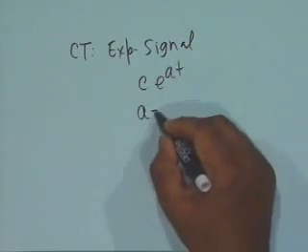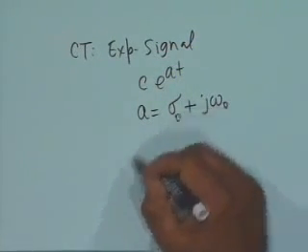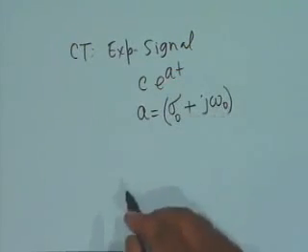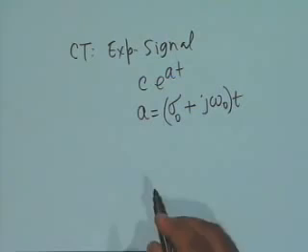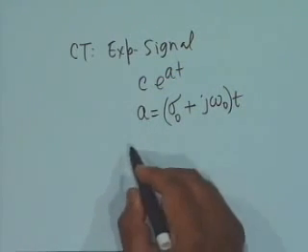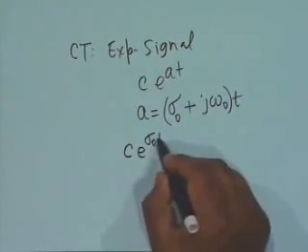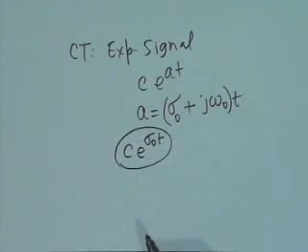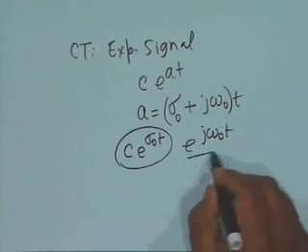Suppose A is complex, sigma 0 plus j omega 0. Well, then obviously the signal can be written as c e to the power sigma 0 t. Now this defines the amplitude, and e to the power j omega 0 t, which is periodic.